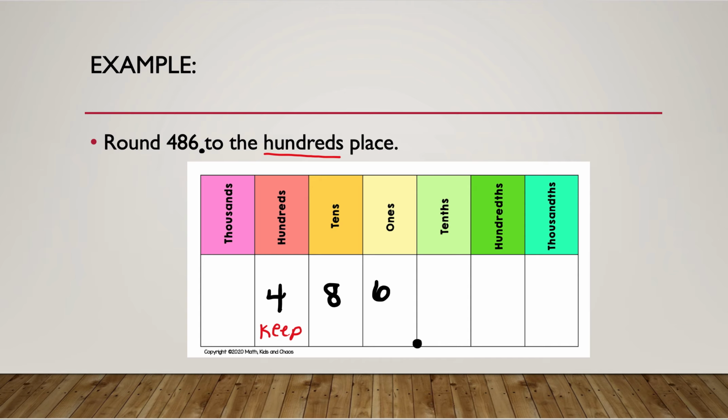We look immediately to the right. I notice that that value that I circled in blue is bigger than 5, which means then that the keep number increases by 1. Everything else to the right turns to 0. So we end up with, for our final answer, 500.